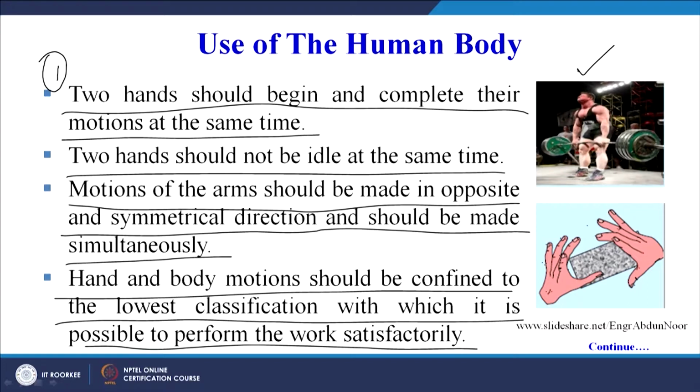As per my height, this is the level of the dais where I feel comfortable. If it is at this level, I may not feel that comfortable putting my hands like this. So we must try to adjust the hands or the limbs or the body in its lowest classification.